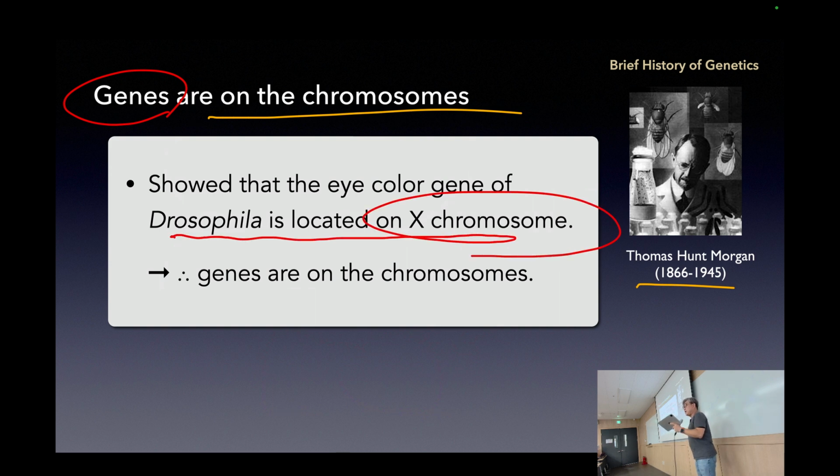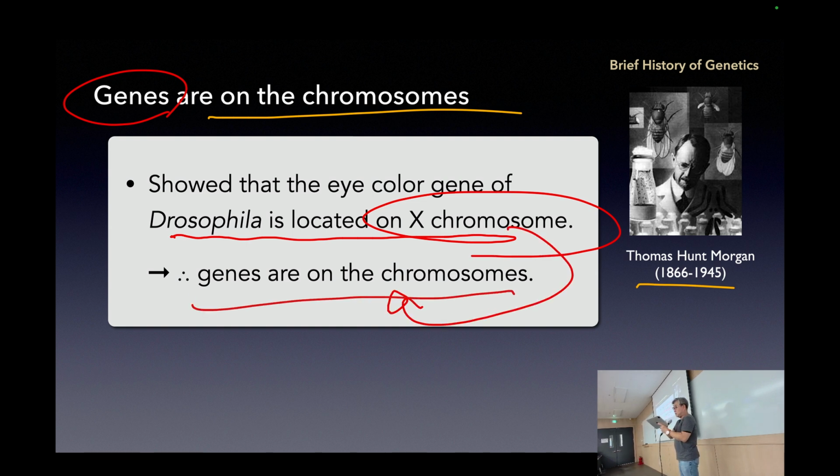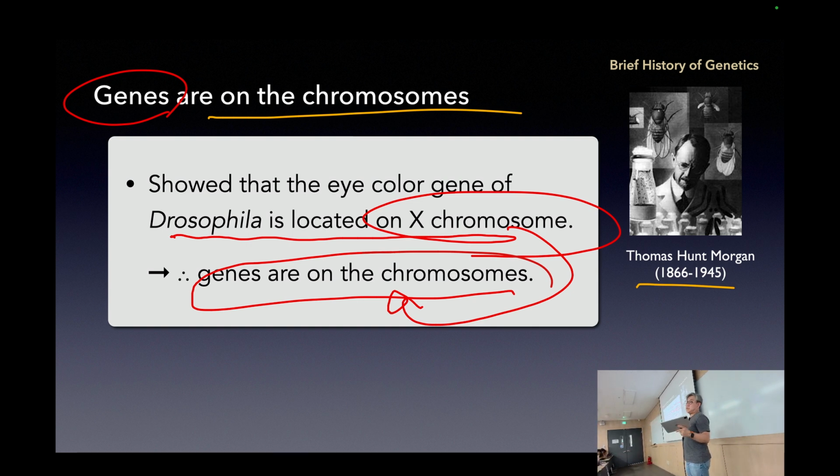So finally it was confirmed that the white mutant eye color gene was located on the X chromosome. Then automatically, if this mutant gene was located on the X chromosome, that means all other genes are on chromosomes.